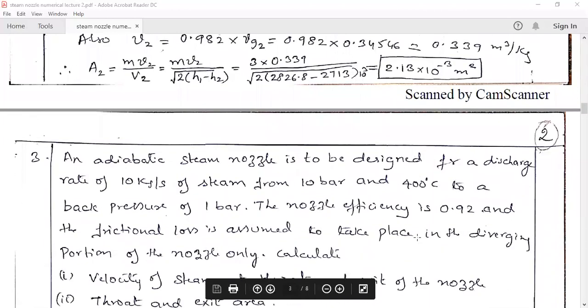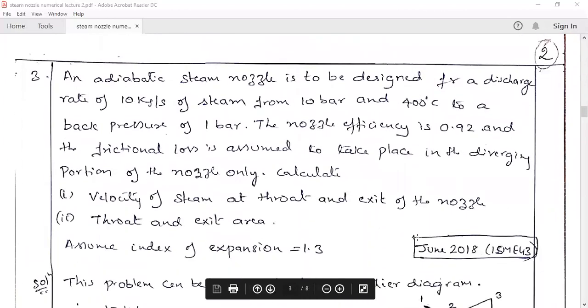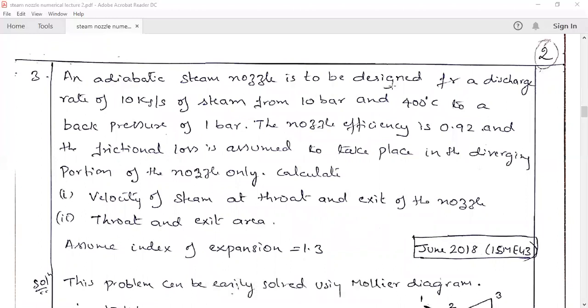Okay, then let's go to the next problem, the third problem, where it says the adiabatic steam nozzle is to be designed. That means you need to find out the dimensions of a nozzle for a discharge. They have given the discharge as 10 kg per second. The entry steam at 10 bar and 400 degrees centigrade is expanded isentropically to 1 bar pressure.